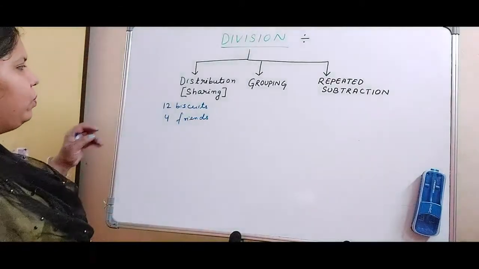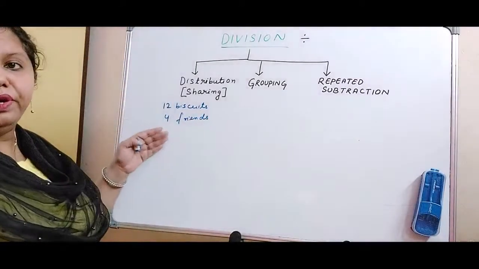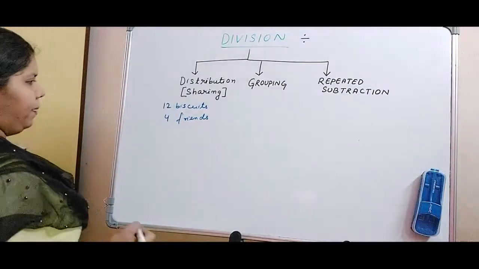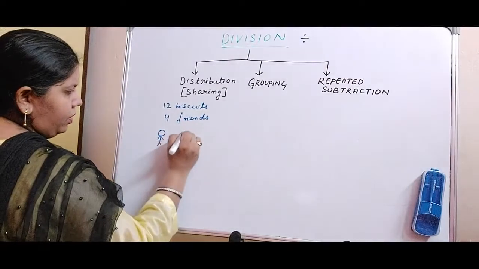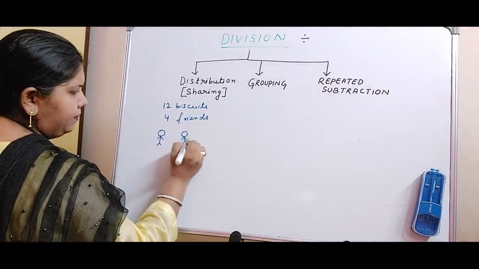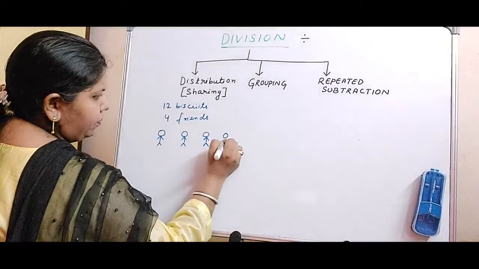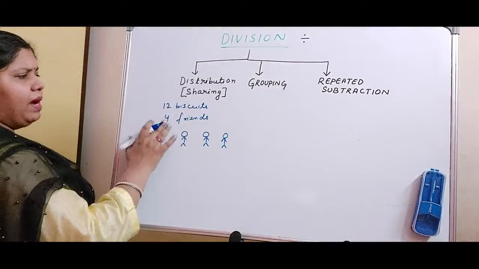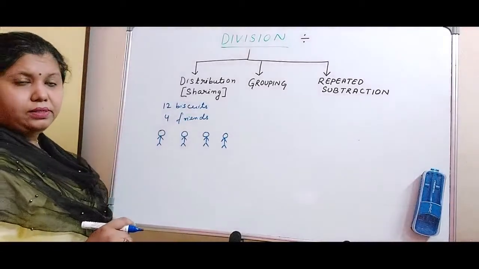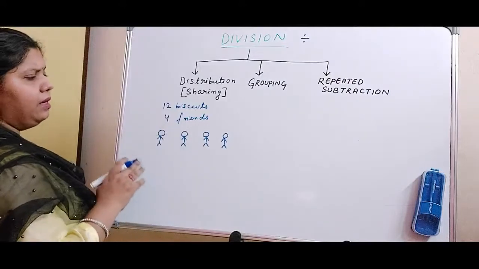So you have to equally share these 12 biscuits among the 4 friends. So what you will do? These are my 4 friends here. How many biscuits will each of the 4 friends receive?